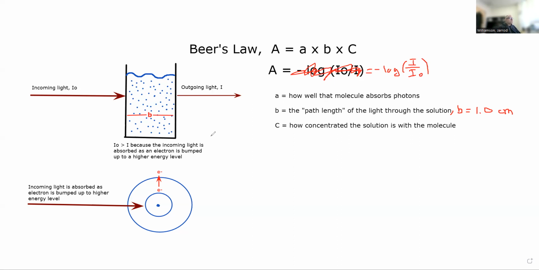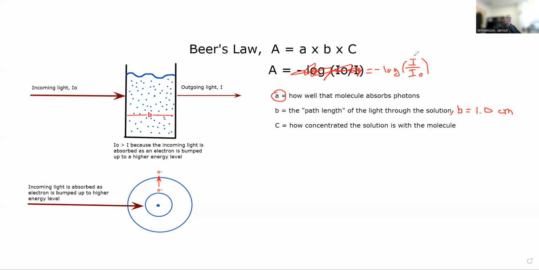And how much light is absorbed depends on how well that molecule absorbs photons. Some molecules absorb photons better than others. It also depends on how long this path is. If I have a container that's twice as big, this light beam is going to run into twice as many molecules.